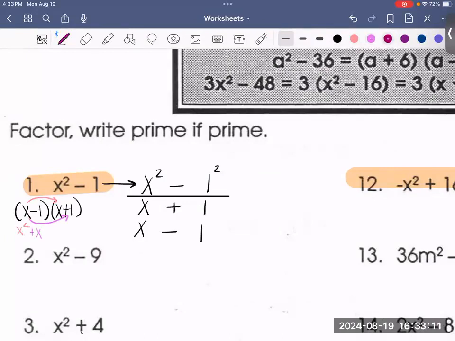And then the next term, we have a negative x, and then the last term, we have -1. So those middle two terms are going to negate each other out. So you're left with x squared minus 1, which is our original starting one.